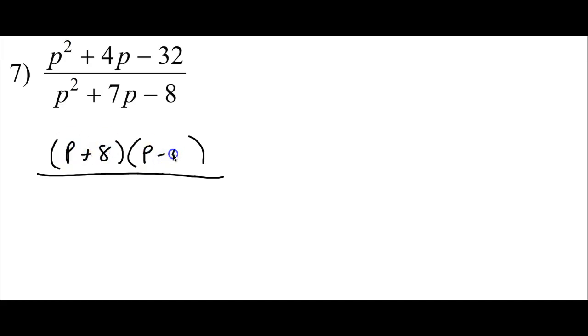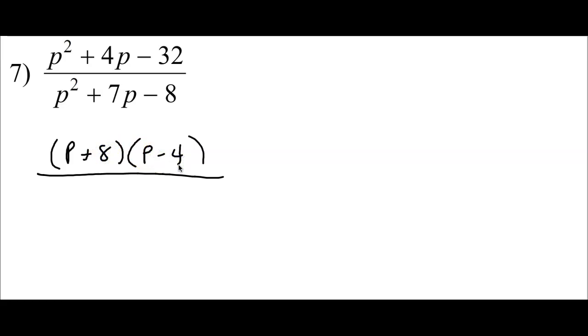Let's try one more like that, but this time I'm going to let you guys do the whole thing. See how you do with it. I'll give you a little bit of time. Owen, did you factor the top? What did you get for the top when you factored it? Great job.